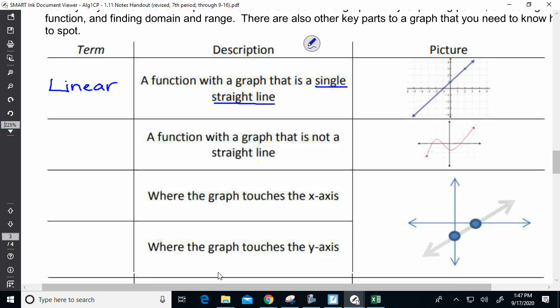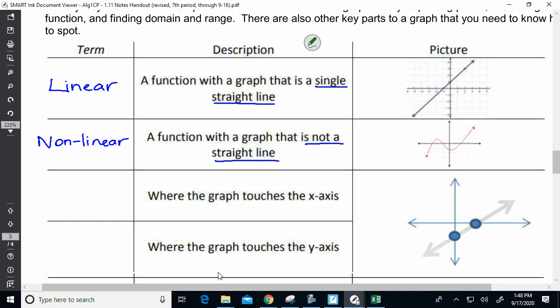So if the graph is not a straight line, that's non-linear. So the first two are pretty simple. Linear, a line; non-linear, not a line. Next two.